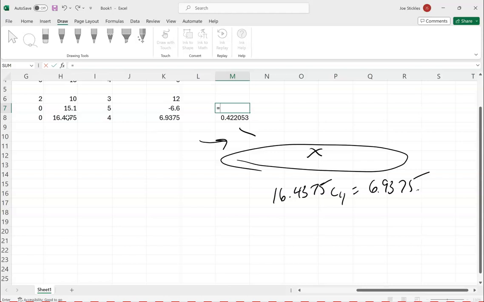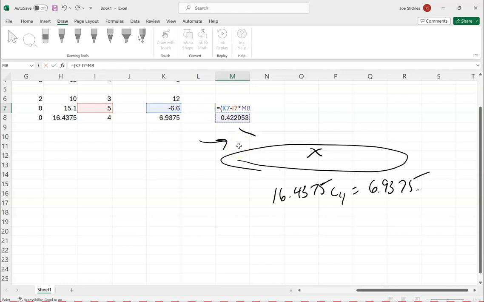So that's going to go in here. I got to multiply by the 5, subtract it over, and then divide, right? So let's put some parentheses around this. I need the negative 6.6. That's what's in K7. I've got to subtract 5 times the value we just found.